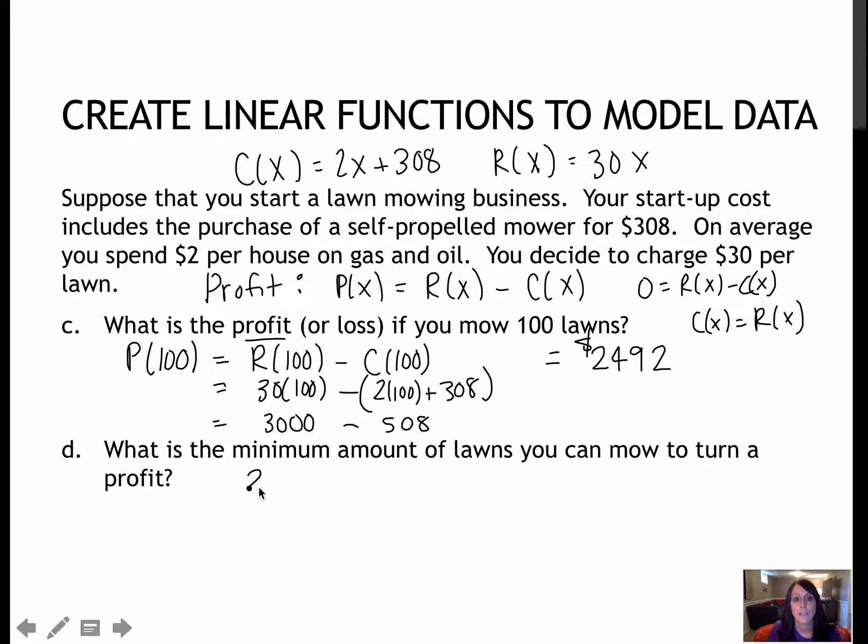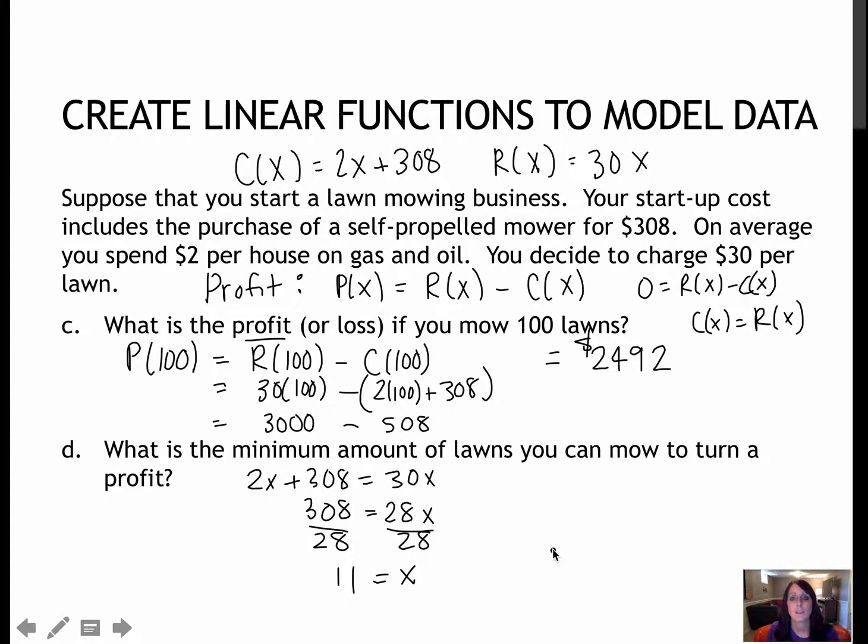So let's make C of X equal to R of X. We'll subtract the 2x from each side. And then we'll divide by 28. And I end up with 11.